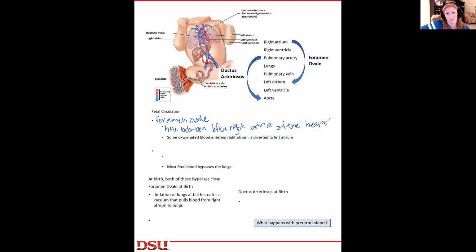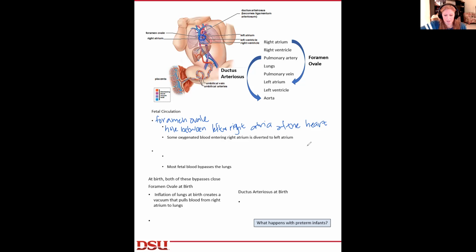It's like getting worse as I go. Okay, get this out of the way real quick. So it's this little open space right in here. So in a fetus, the lungs aren't mature enough to do the whole process of, well, breathing, obviously, right?